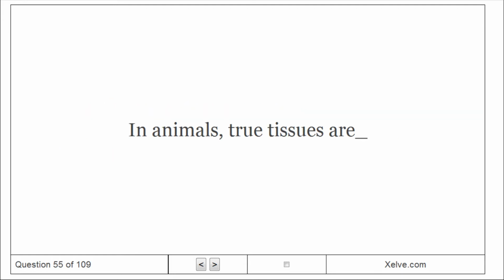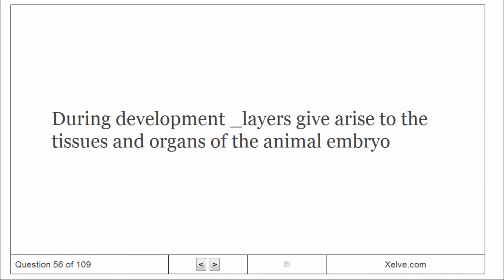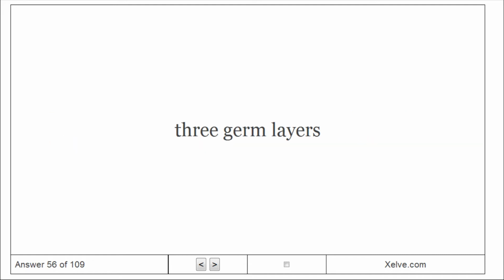In animals, true tissues are collections of specialized cells isolated from other tissues by membranous layers. During development, germ layers give rise to the tissues and organs of the animal embryo. Three germ layers.